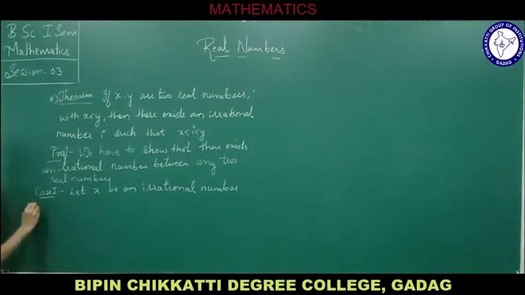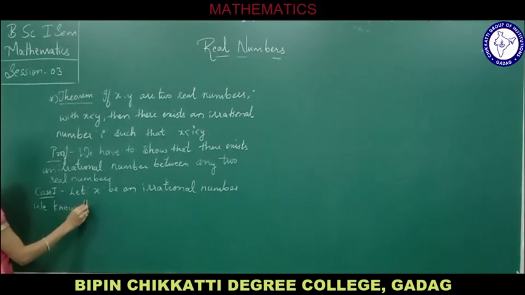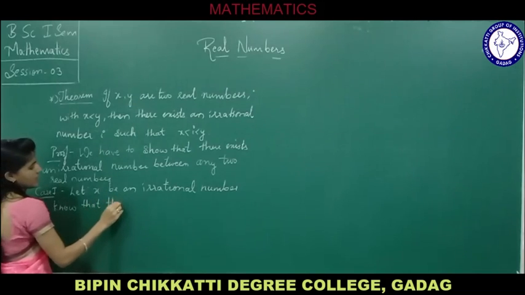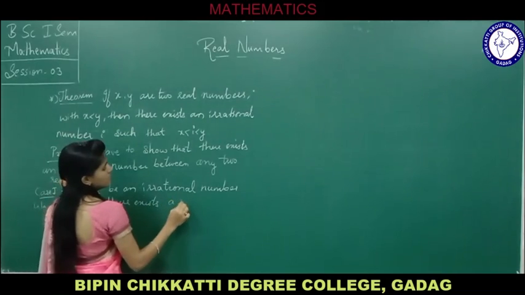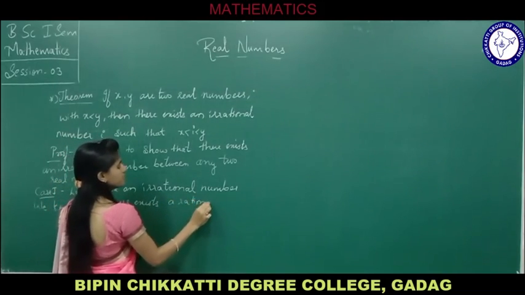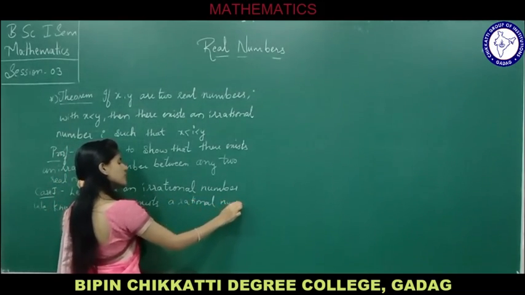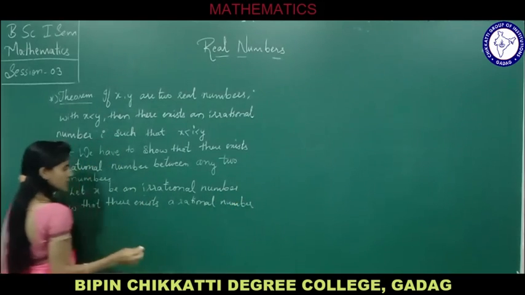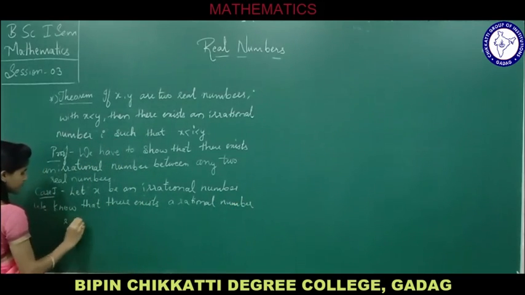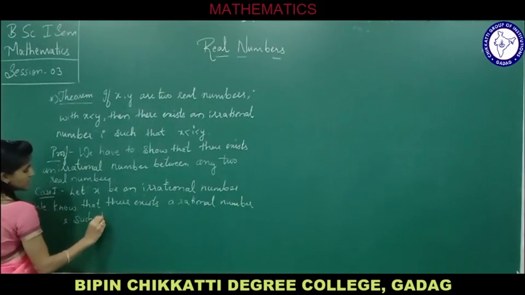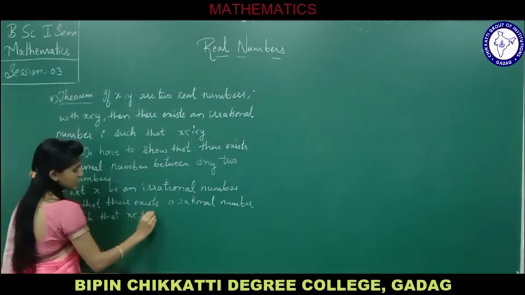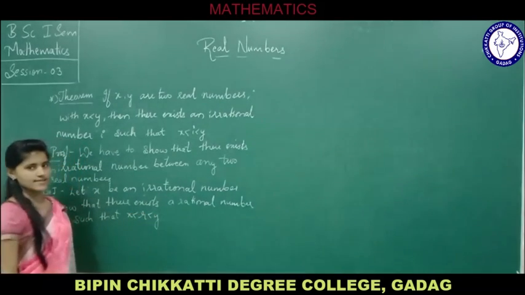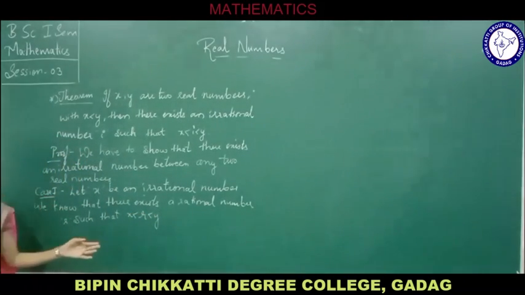We already know, just now we have proved, in the previous theorem, that there exists a rational number r such that r is greater than x and less than y. This was the thing we have just now proved.